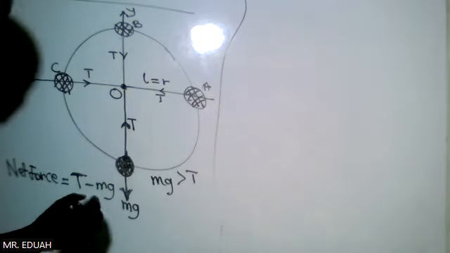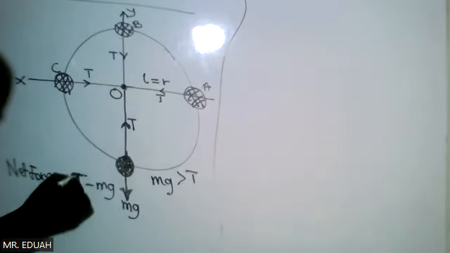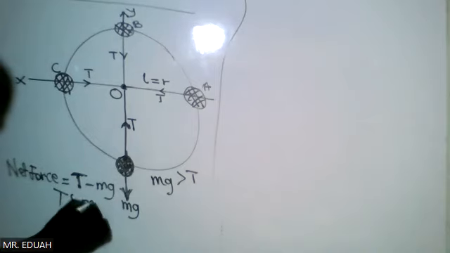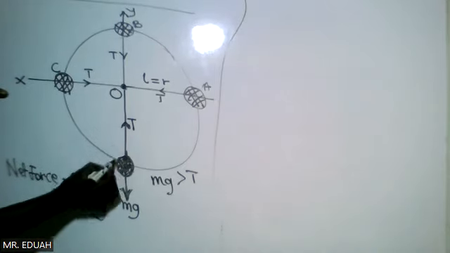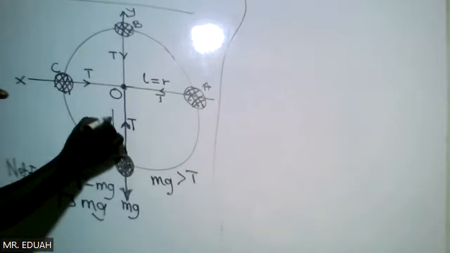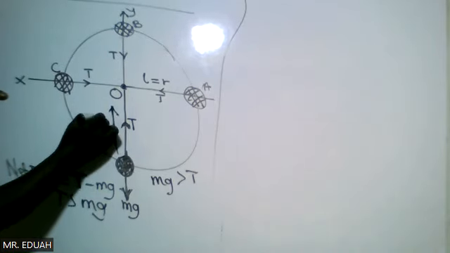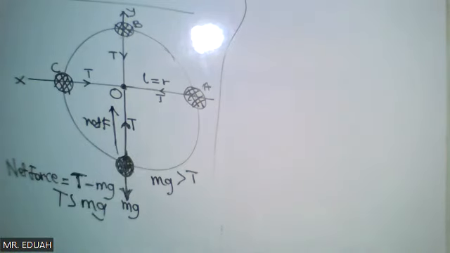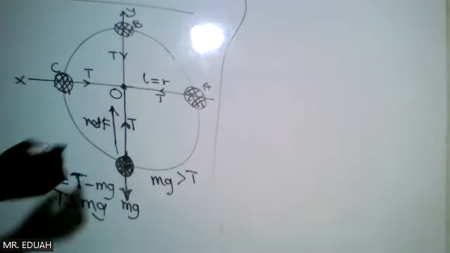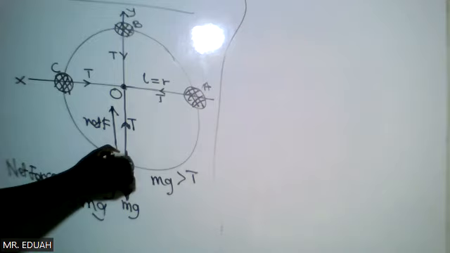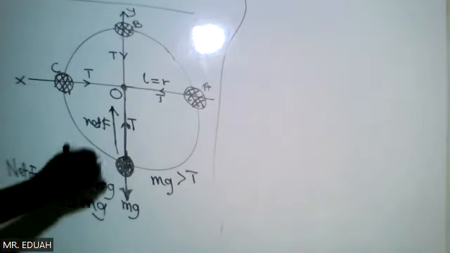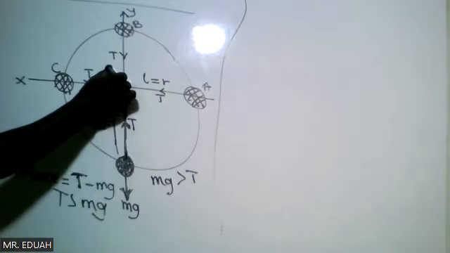And because T is greater than mg, the net force will act in the direction of the greater force. So the direction of the net force will be the direction of the tension, capital T. The net force is directed towards the center, along the radius.